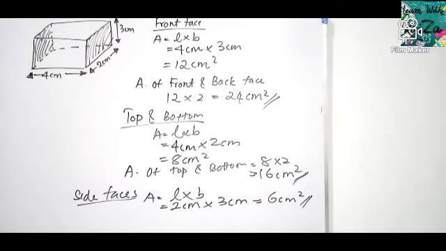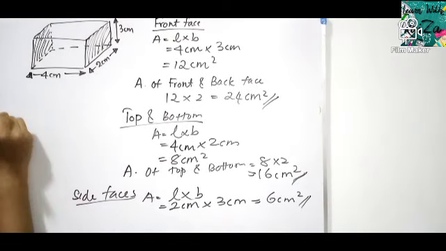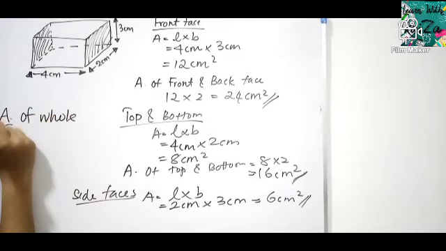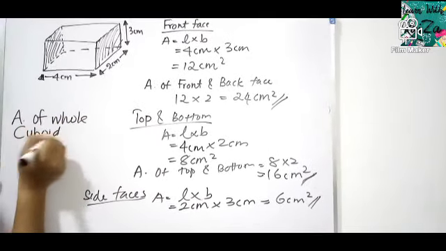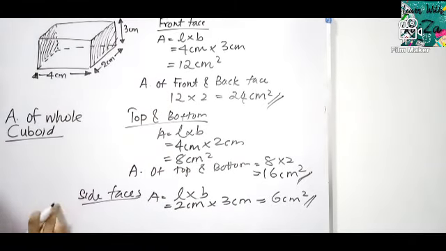Okay, now we found the area of each and every one of the 6 faces. Now what is remaining is to find the area of the whole cuboid. You have to add the top and bottom area, front face and back face area, and side faces area.